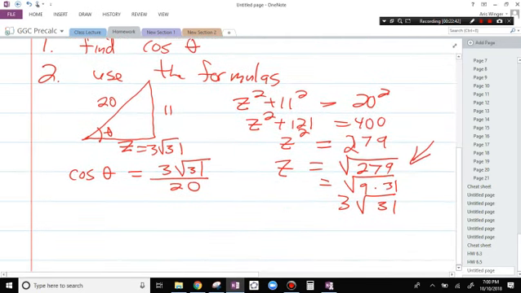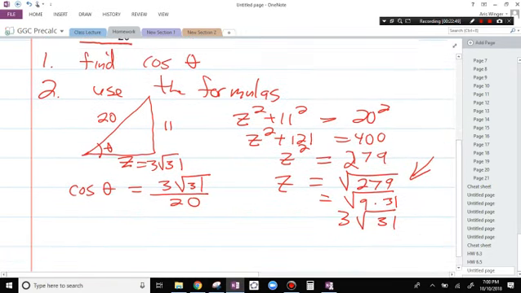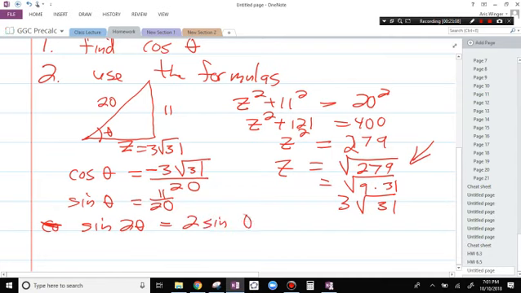So then, now that we have sine, let me rewrite it. Oh, I'm sorry, quadrant. What quadrant are we in? Quadrant 2. Is this positive or negative? Negative, because we're in quadrant 2. So that now, we're golden. Sine, let's remember, is 11 over 20. So then the sine of 2 theta is 2 sine theta cosine theta, and we have both of those now.